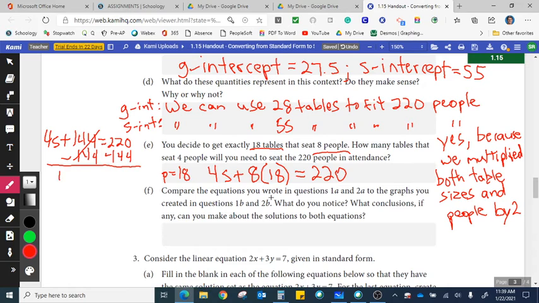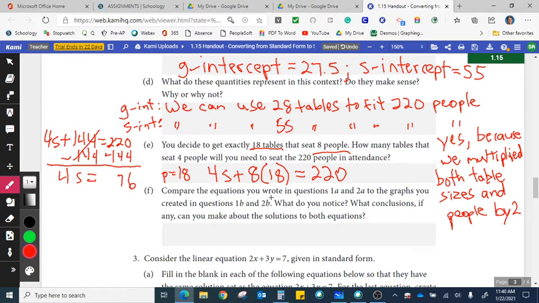This cancels out, and I get 4s equals. So subtracting 144, I get 6 here. Got to borrow from that, and I get 11. So 11 minus 4 is 7.